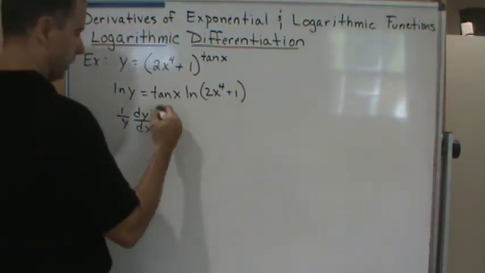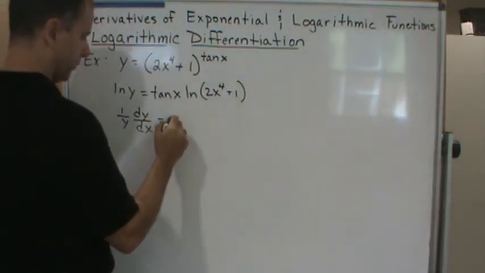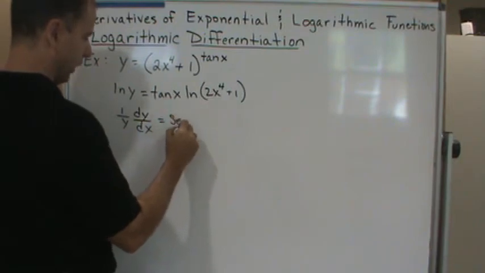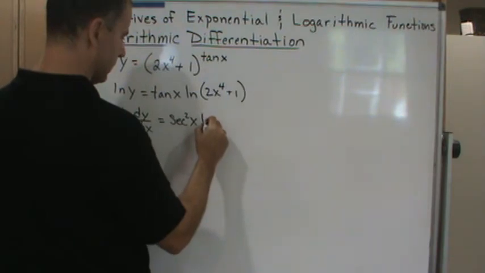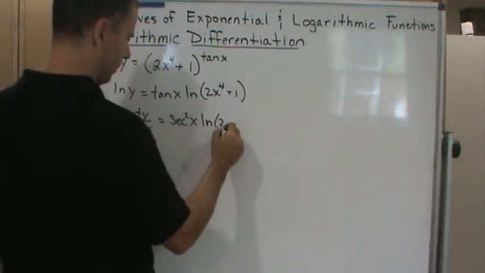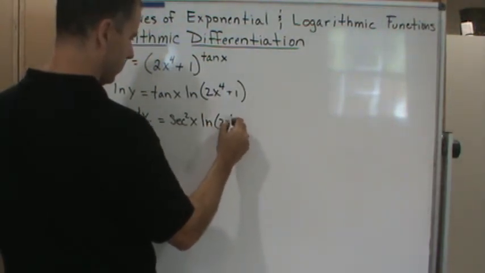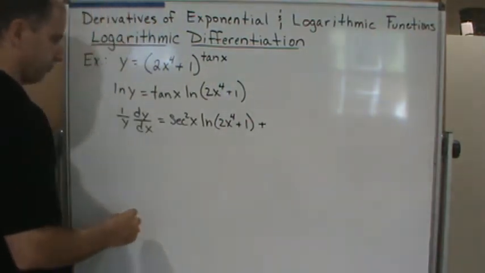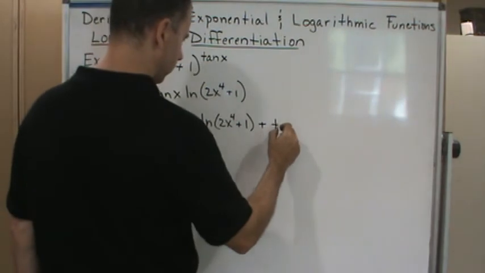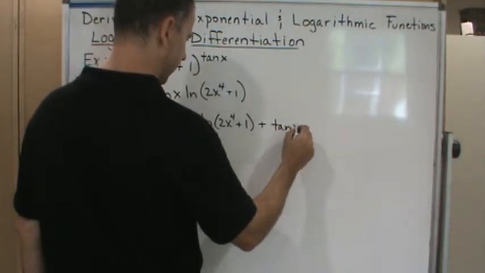So this is going to be the derivative of the first times the second. The derivative of tangent is secant squared x times the second, which is the natural log of 2x to the fourth plus 1, plus the first times the derivative of the second.